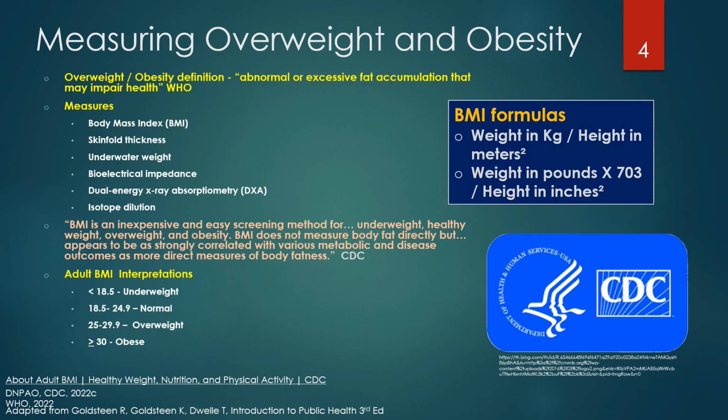The World Health Organization, WHO, defines overweight and obesity as abnormal or excessive fat accumulation that may impair health. Methods used to measure obesity and overweight include the body mass index, BMI, using calipers to measure skin fold thickness, underwater weighing, bioelectrical impedance, dual energy X-ray absorptiometry, DXA, and isotope dilution.